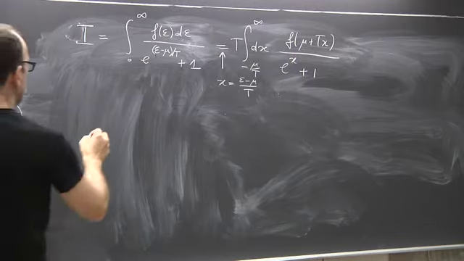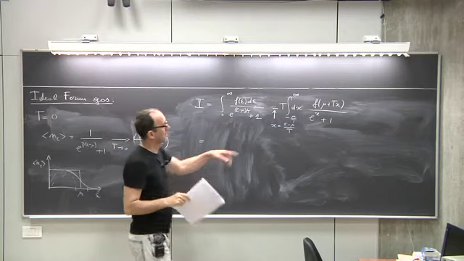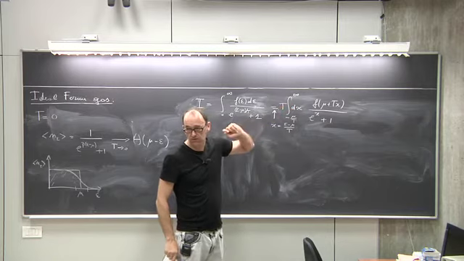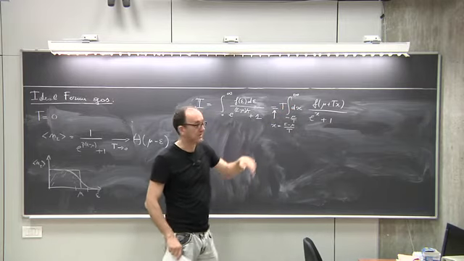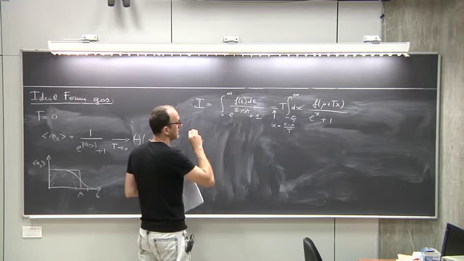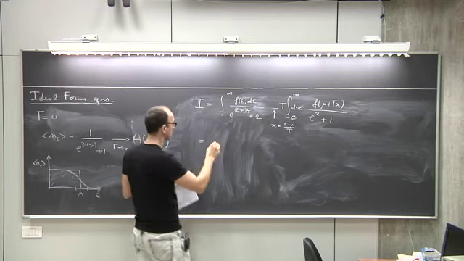Now I want to split this integral into two parts. The part from minus mu over t to 0, and the part from 0 to infinity. So the first part, I can change x into minus x.